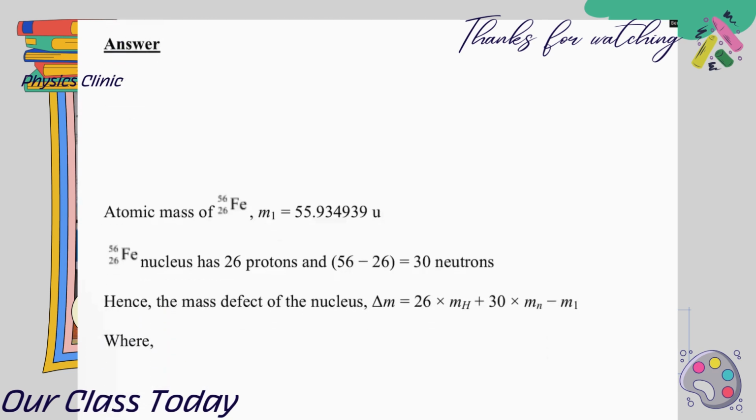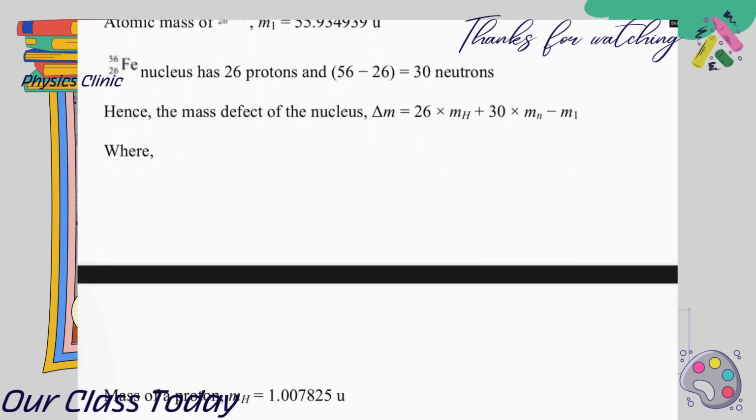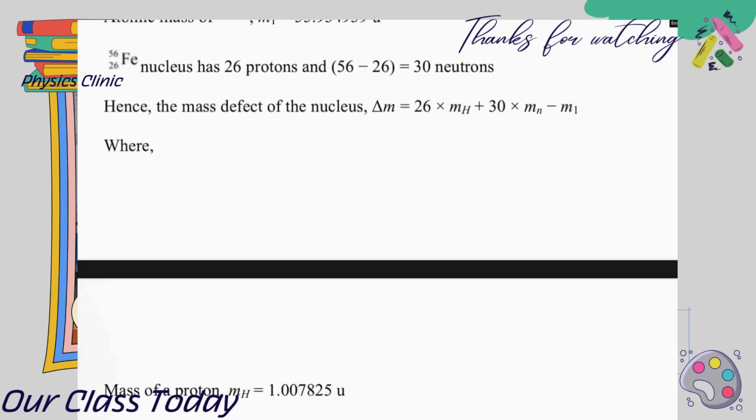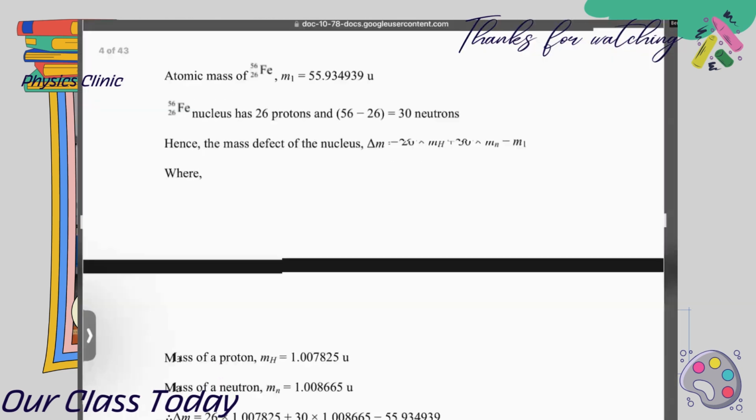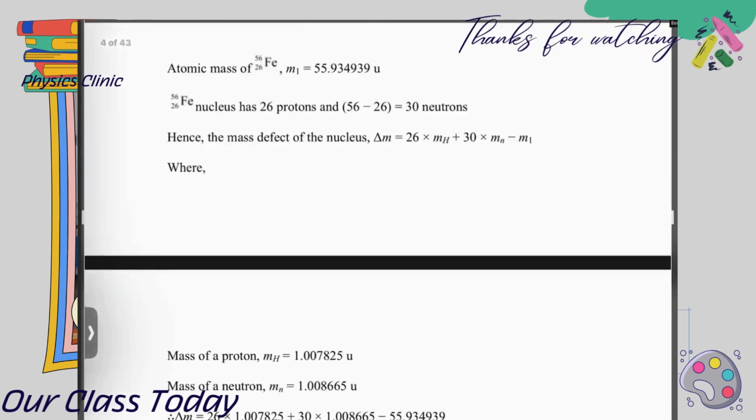From the mass number and atomic number, you can easily find the number of protons and the number of neutrons. From the atomic number you find the number of protons. Then, subtracting atomic number from the mass number, you can find the neutron number.